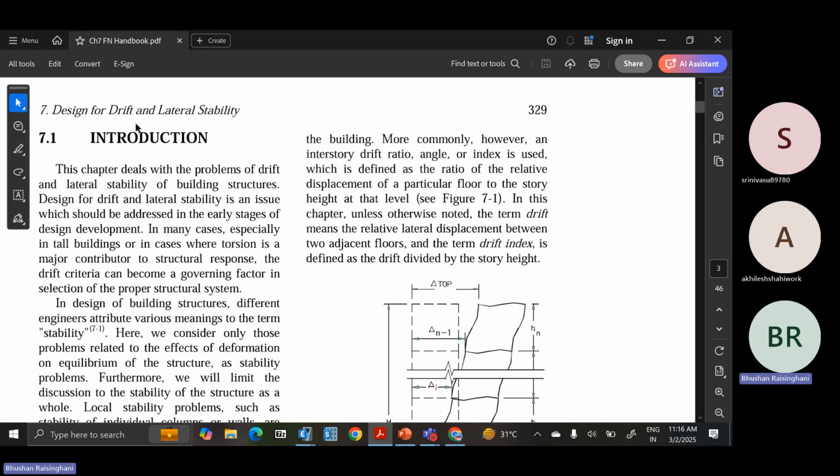Even then the building does not fail due to instability; it fails due to failure of individual elements, not as a whole structure, due to some gravity load or lateral load. As a unit, the whole building is behaving as a unit and trying to resist the earthquake force, which is generated by the ground motion of the earthquake in cyclic nature.